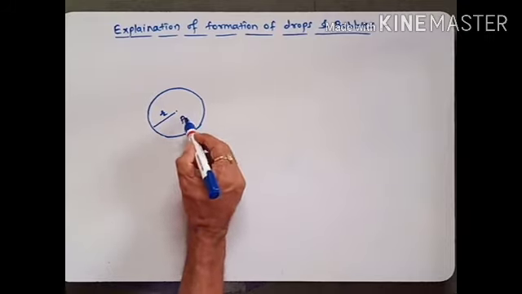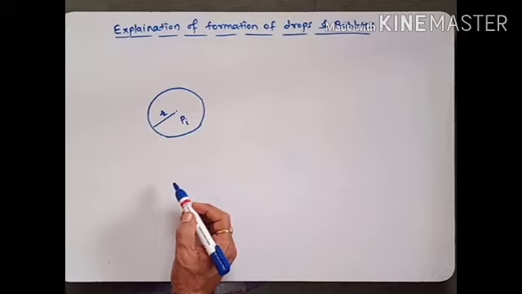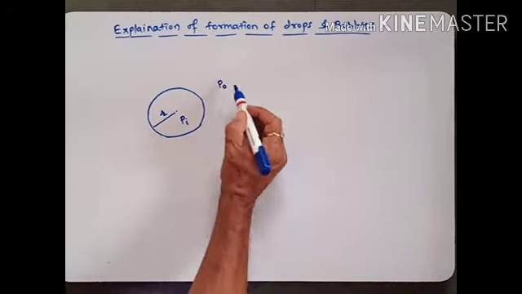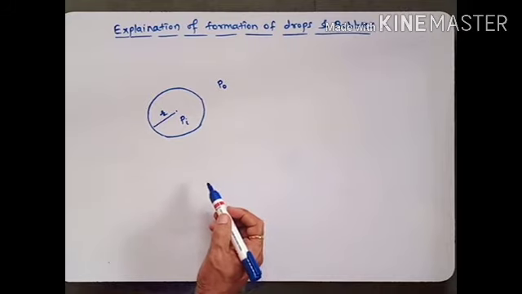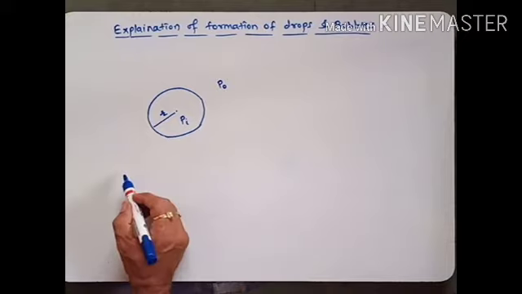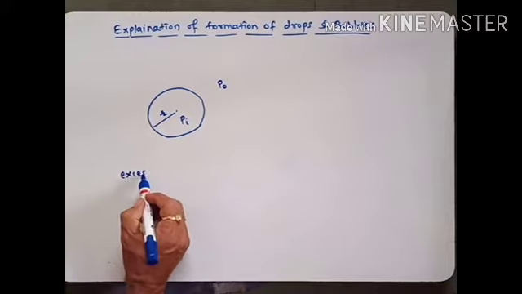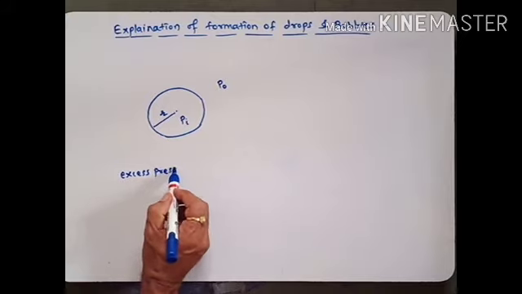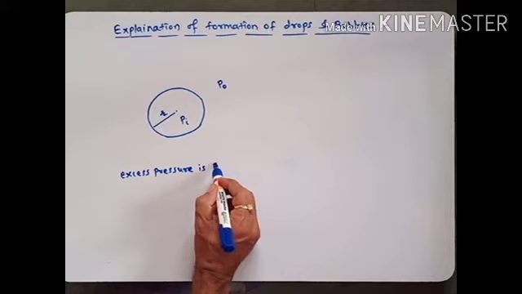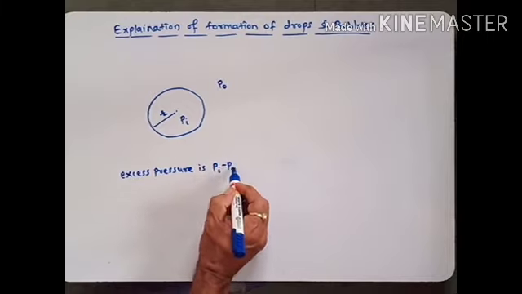Here Pi is the pressure inside the drop, and Po is the pressure outside the drop. Now the drop is spherical in shape, then we write the excess pressure as Pi minus Po.